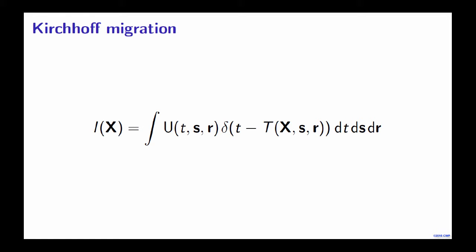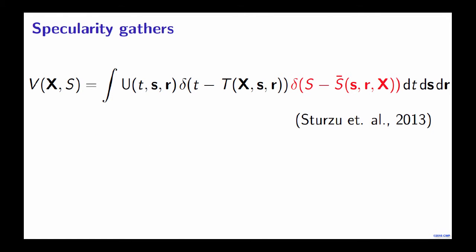And U is the recorded data and capital T is the travel time from source to receiver through the reflection point. So to build specularity gathers, it was suggested to add this additional term to this Kirchhoff integral. It's essentially sorting the data according to the specularity values as computed using either definition 1 or definition 2.